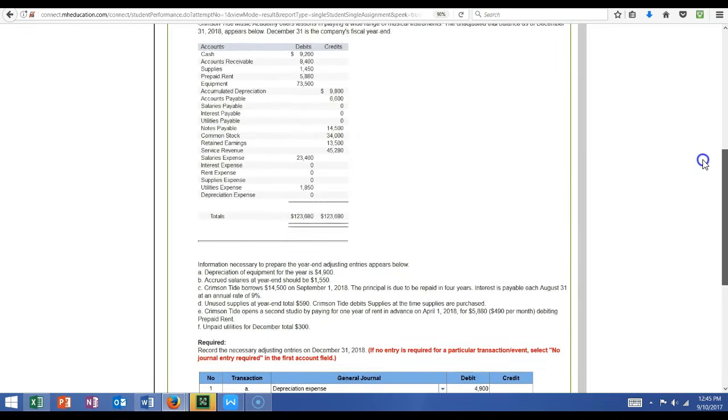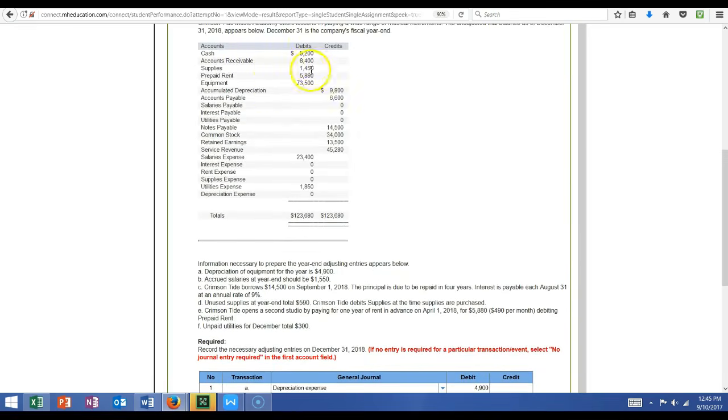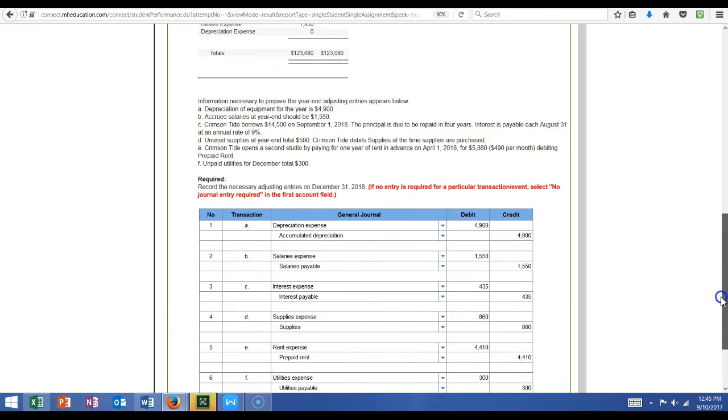Right now we show supplies of $1,450. But at the end of the year they're only showing $590 sitting in the closet, which means the difference, or $860, was used up.